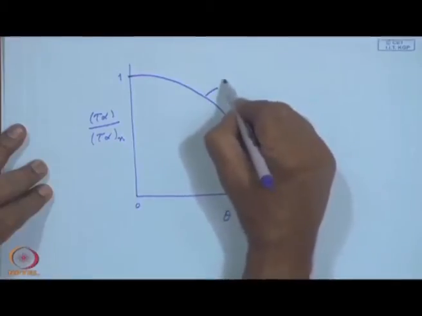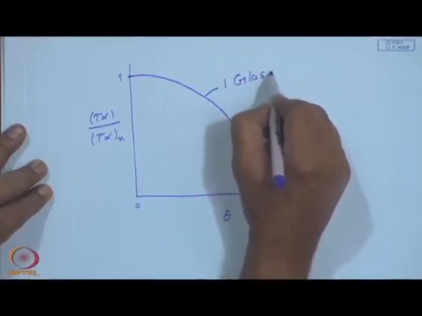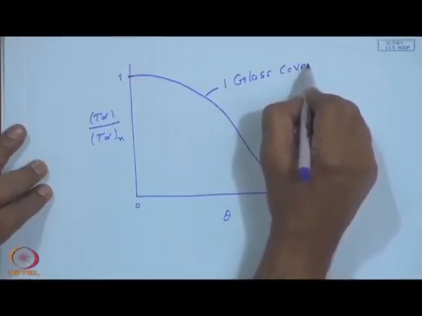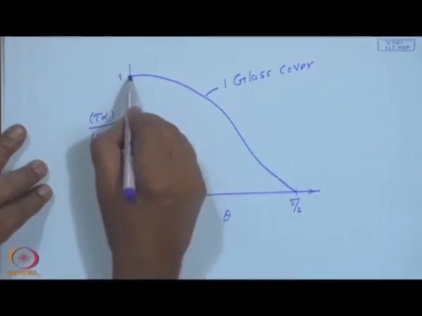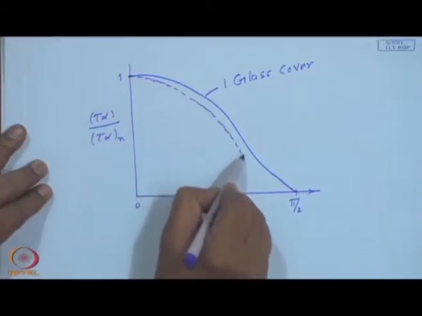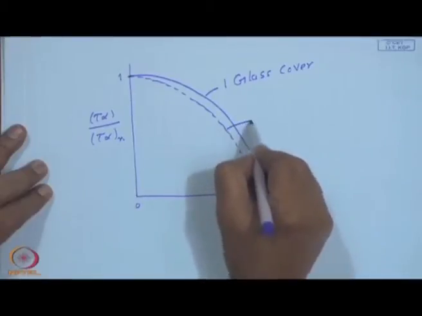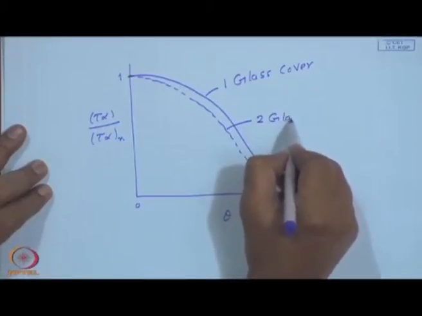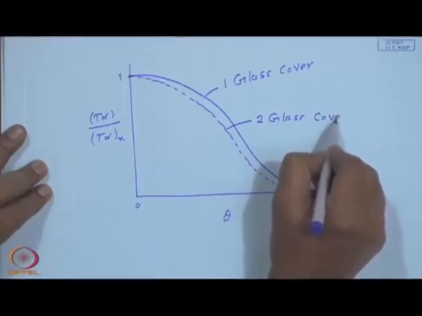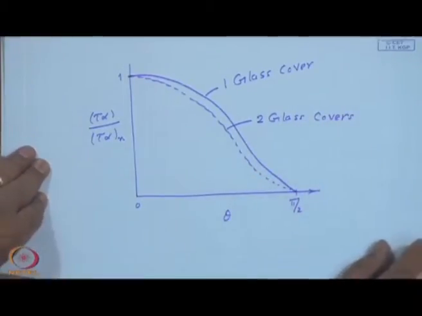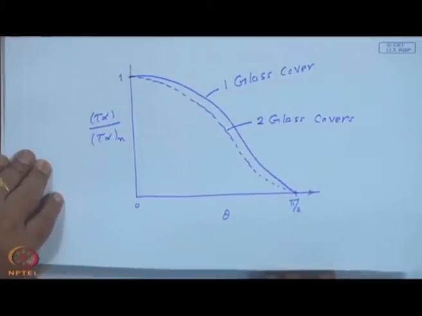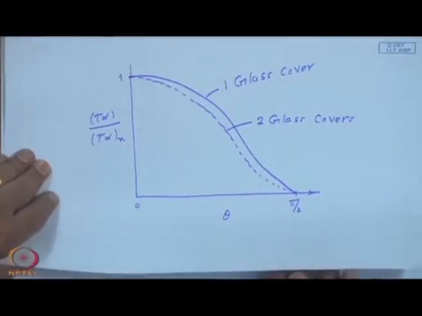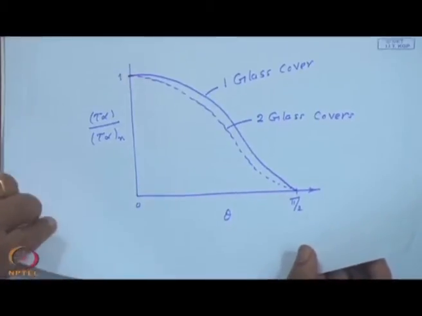This is one glass cover. If you have two glass covers, it will be slightly something like this. A simple minded calculation will be tau into alpha, which will be less than tau into alpha. Consequently, the effective transmittance absorptance product for two glass covers will be less than one glass cover.